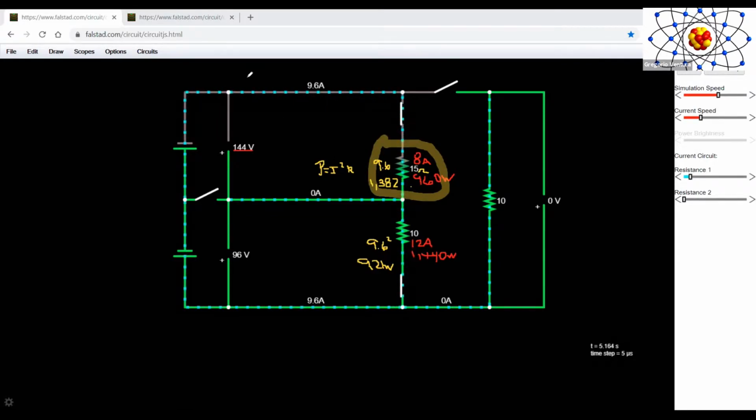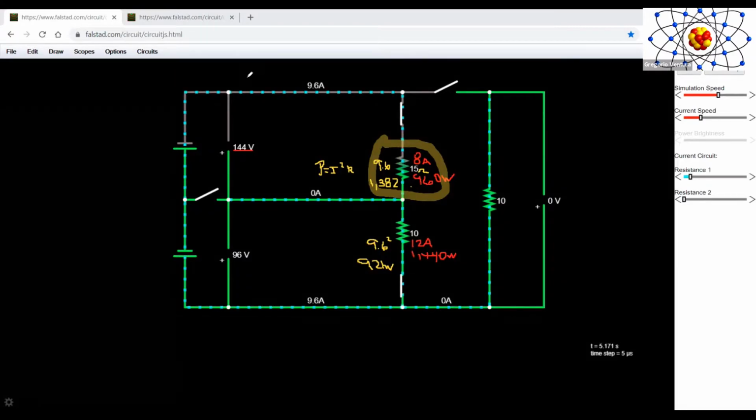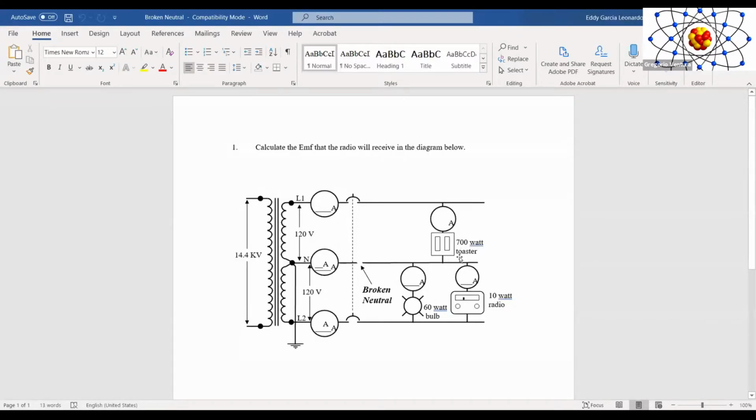Now, if we go back into the initial circuit that we were doing, where we found all these different values, what I want you to do next, now that I showed you already what's going to happen with the simulation, is determine what's going to happen when the neutral breaks down. We already saw which are going to be the normal current levels. We saw how many amps we have here, like the 5.83, but here we have the 0.8 amps.